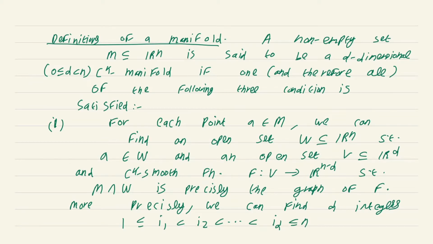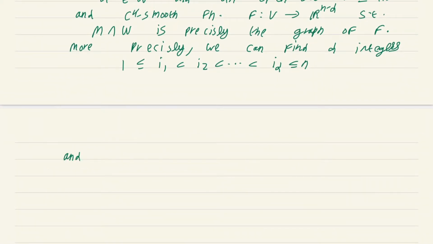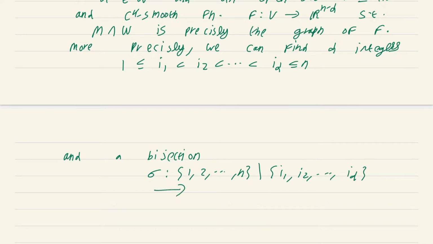So you can find d integers i1 to id and a bijection sigma from 1 to n minus these d integers i1, i2, ..., id to 1 to n minus d.